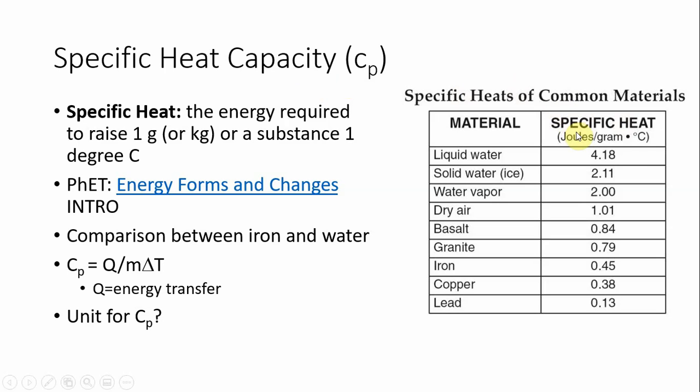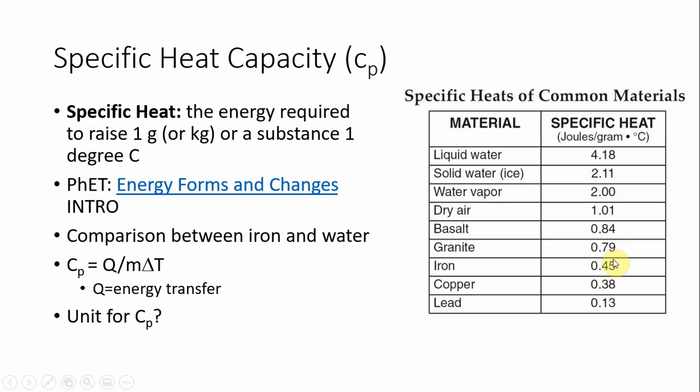That's in grams here, 1 degree Celsius. Okay, so this is going to help us understand why some substances are going to heat up faster. Their temperature is going to increase faster with the same amount of heat applied, and granted it's the same mass, right?